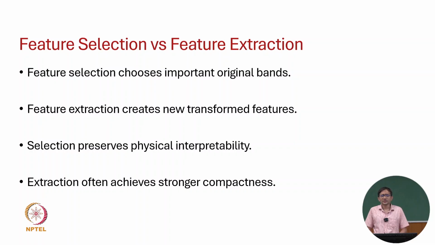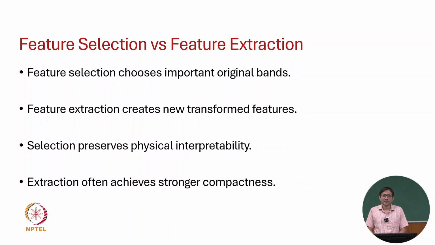The feature selection, or rather band selection, chooses an important subset of the original bands. Let's say we are given 230 bands originally, and let's say we are taking a subset out of this, some 150 bands or 100 bands. So this is feature or band selection.